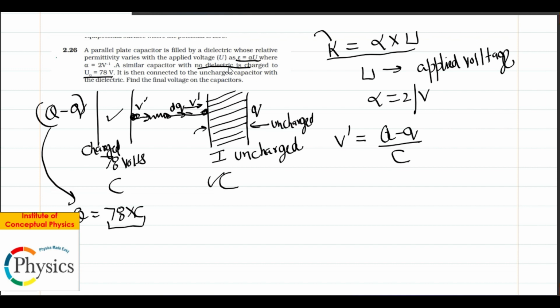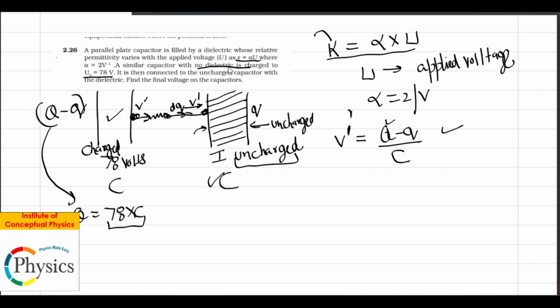Gradually it increased, and then it reached a certain value. My problem is, if I have to find the equation for this particular capacitor which was uncharged, and I take it to a level of V dash, for example, and Q minus Q is the first one, we have solved it.